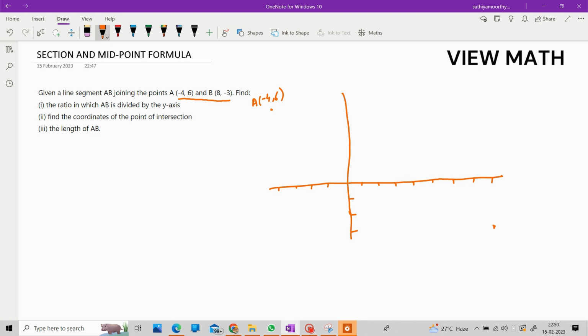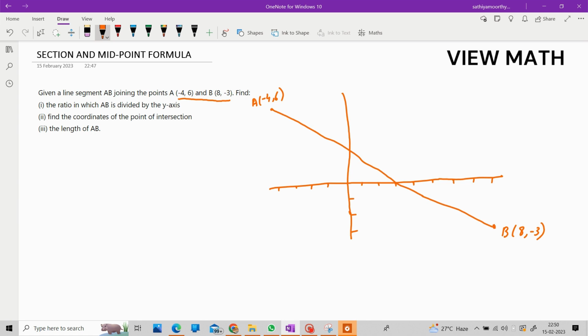So this is B, which is (8, -3). Now they are asking us, this line AB is divided by the y-axis. So let me draw a line joining A and B.